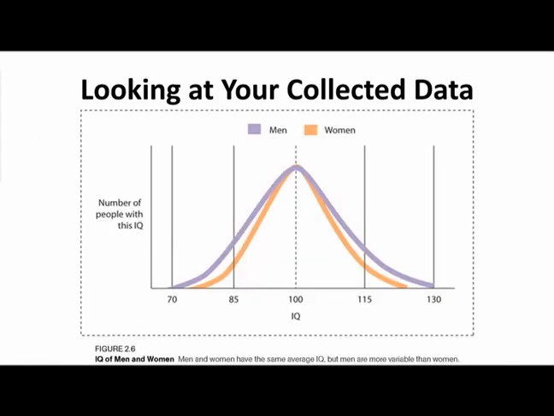So if we come back to this graph here, we can start talking about what the standard deviation is, what the variability is here. We can compare our purple curve, which is the scores for men, and our orange curve, which is the scores for women. Same basic setup: number of people with a particular score on the y-axis, and the scores on the bottom on the x-axis.